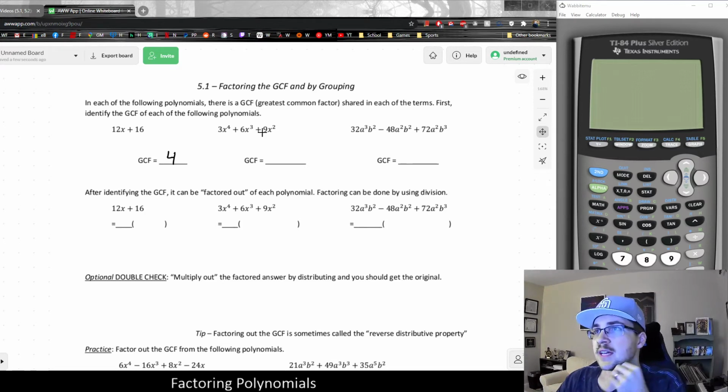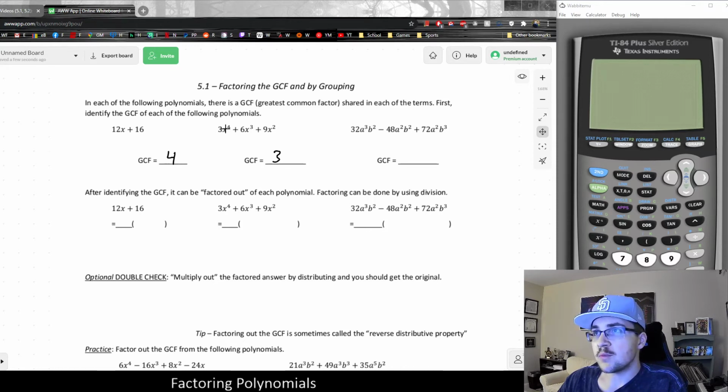Moving on to the second example, how I like to do it is I like to look at first the coefficients, because you could always determine if there's a common numerical factor, like between 3, 6, and 9, 3 would be the greatest common factor between them all. But also looking at the x terms is a second component of the factors of each of those terms.